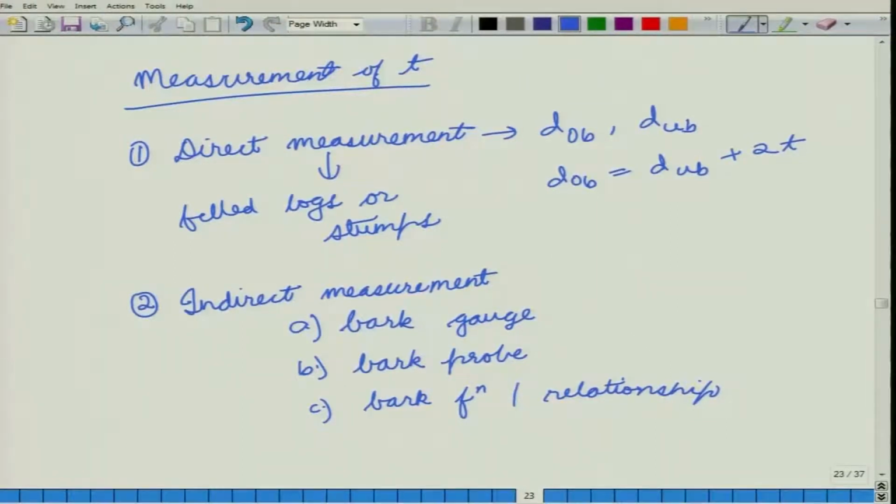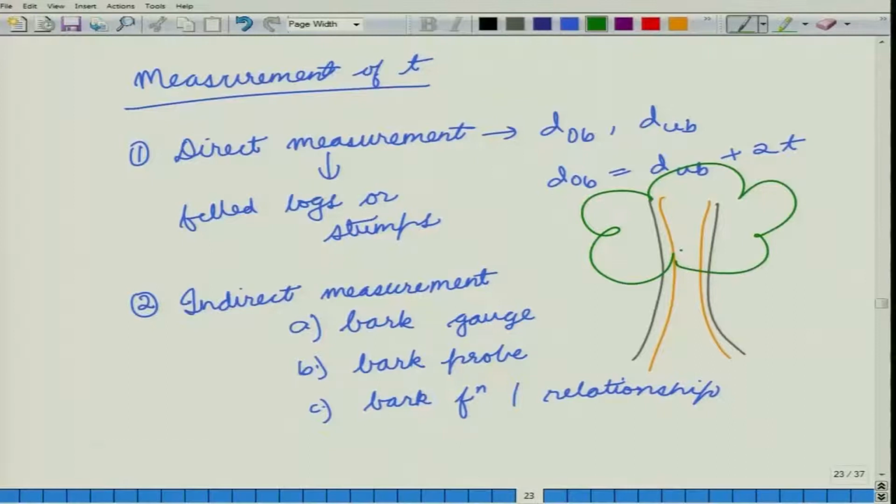Now you could also ask that suppose we have a tree and it has a bark outside, could we not just take a sample of this bark and then measure its thickness, say using vernier calipers for instance, or by using a screw gauge? Well, that is possible, but the problem with that approach is that bark happens to be an extremely fragile material.